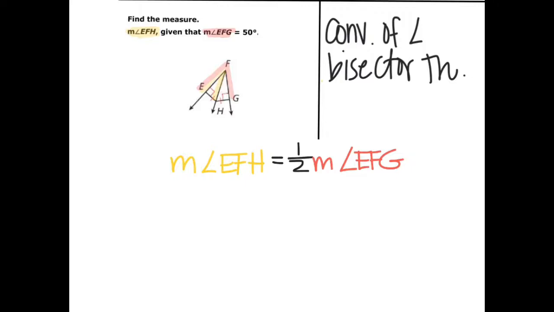So the justification for that, if you needed it for a proof, would be definition of angle bisector.